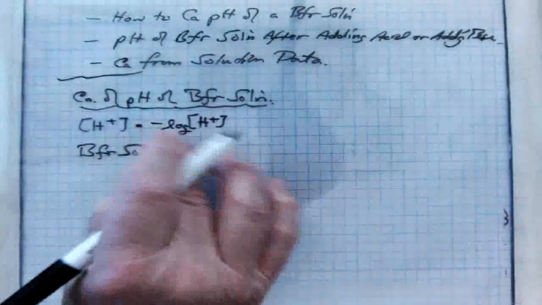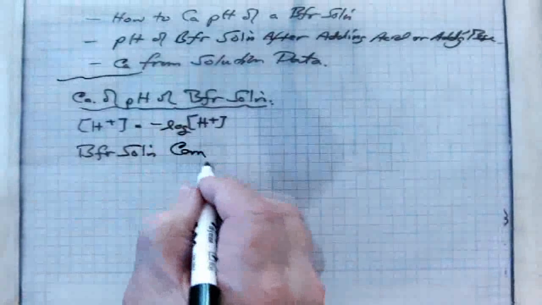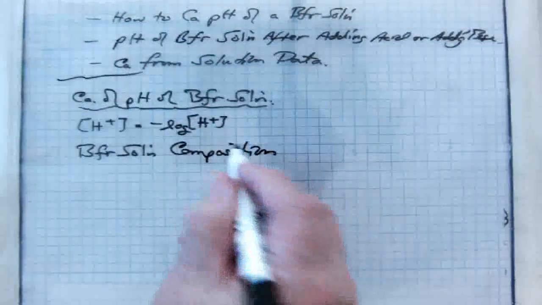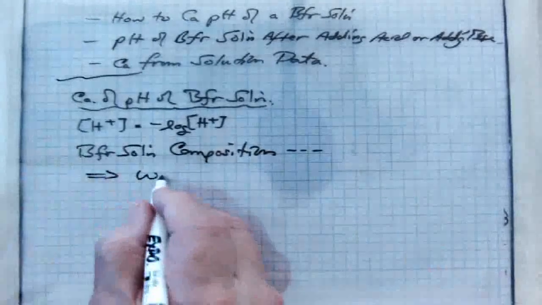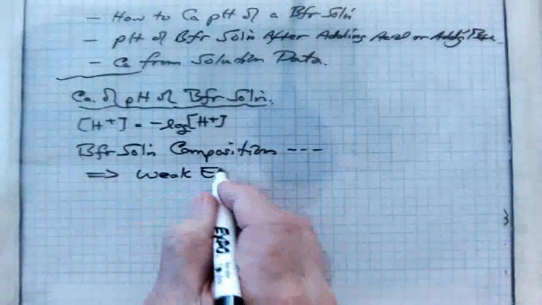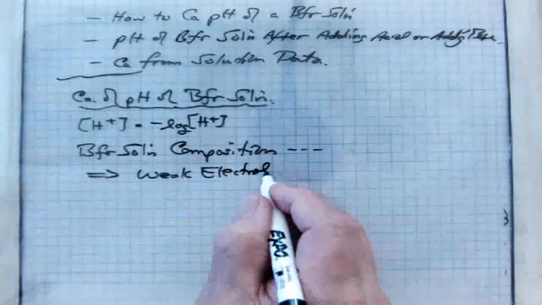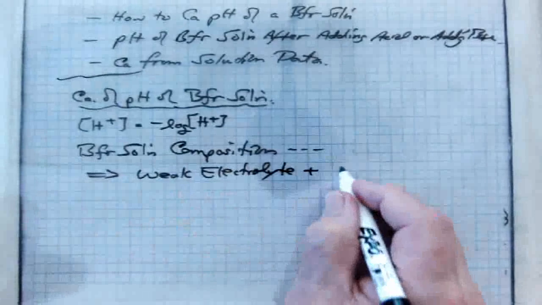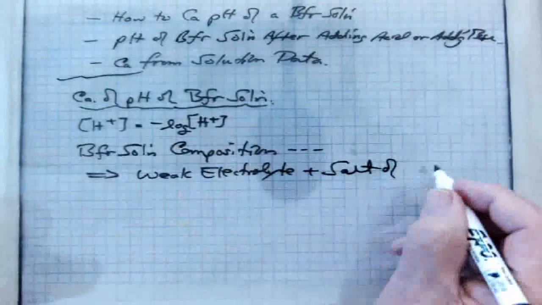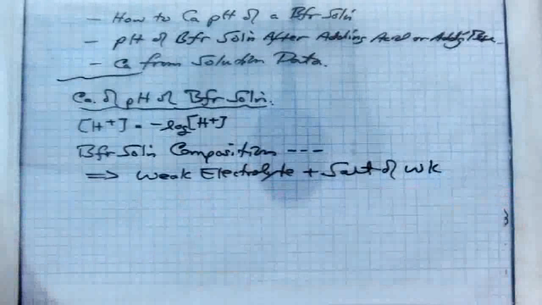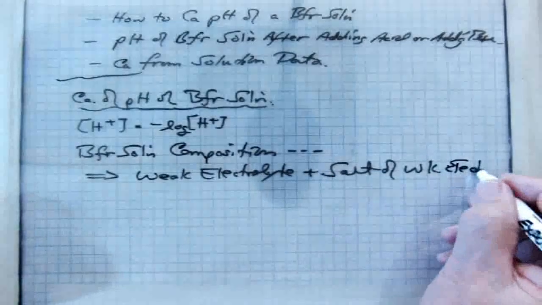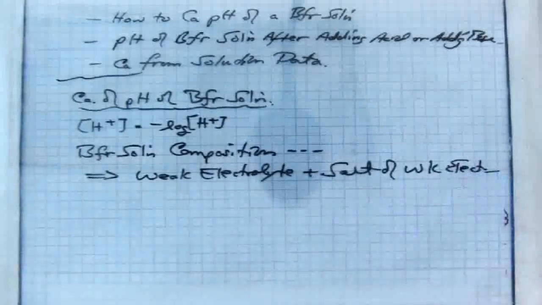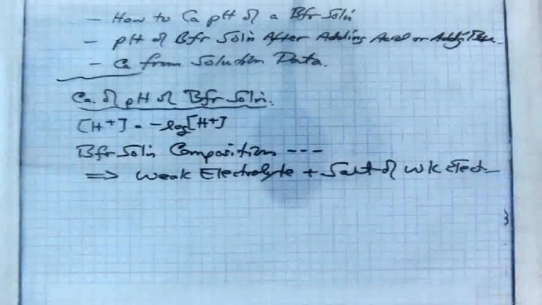So for the buffer mix, we have HOAc, hydronium ion, plus the OAc minus. And what we're ultimately looking for is this hydronium ion concentration and the minus log of that number, based on these numbers up here. So it's Ci, change in C, and C at equilibrium: 0.10 molar, 0, and 0.10 molar.